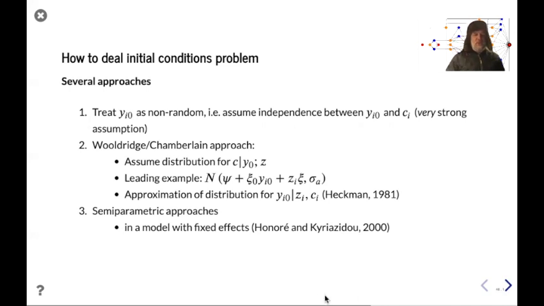Then there is what we call the Wooldridge-Chamberlain approach. Chamberlain was a guy who suggested we do not only a random effects model where the random effect had mean 0, but a random effects model where we allow for some correlation with the explanatory variables in a way we specified.